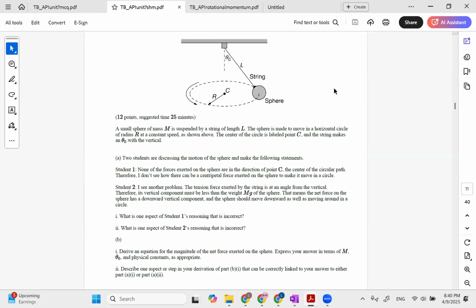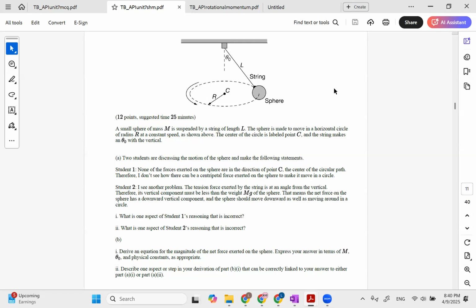Two students are discussing the motion of the sphere and make the following statements. Student 1: None of the forces exerted on the sphere are in the direction of point C, the center of the circular path. Therefore, I don't see how there can be a centripetal force exerted on the sphere to make it move in a circle.